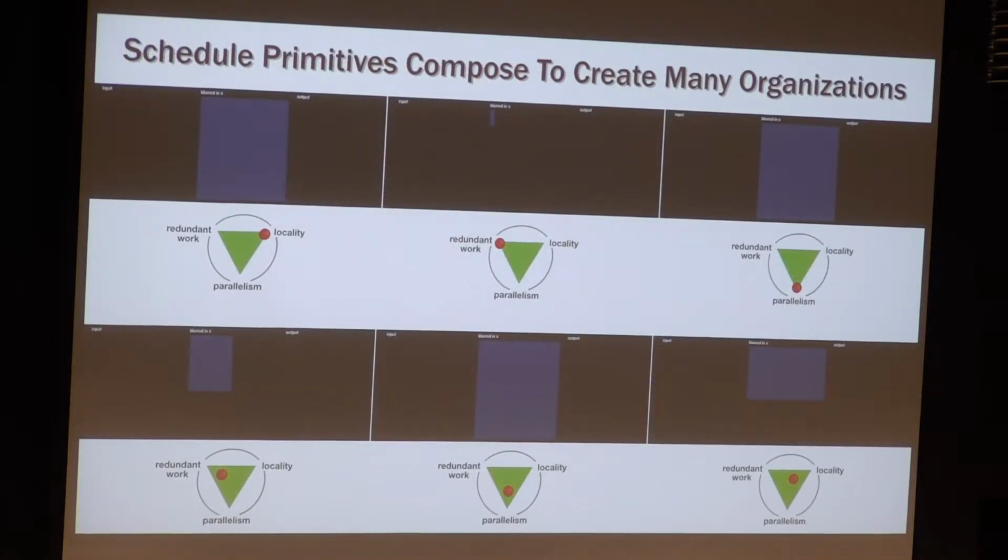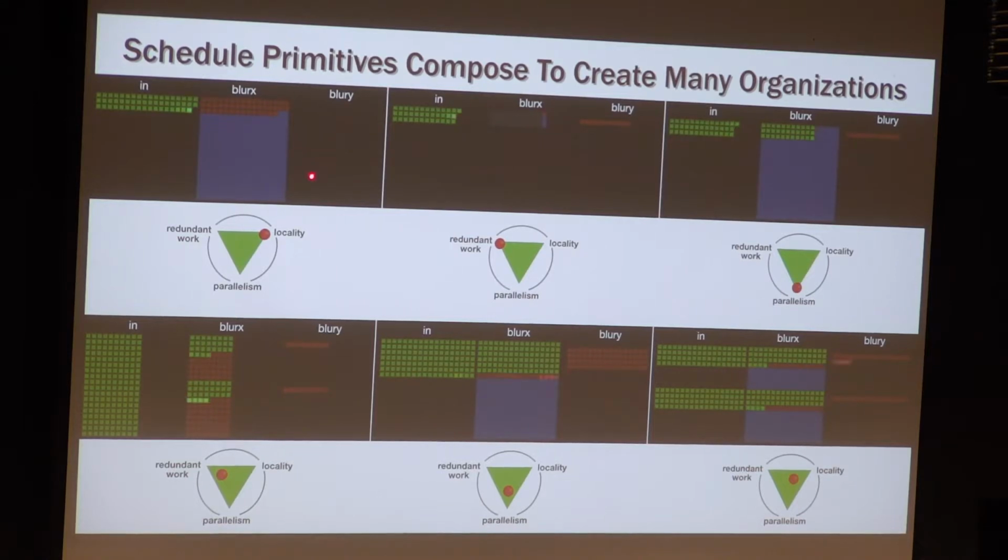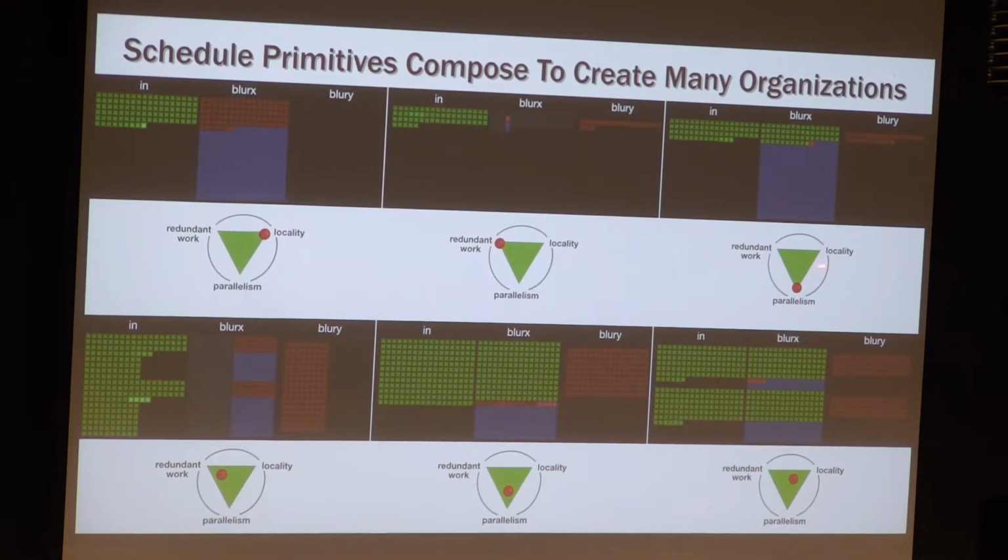So here's the interesting thing. I'm showing you different schedules at different points in here. This is on time. What it says is this is the first input, and the middle one came the output in here. So this is all locality, a lot of redundant work, good parallelism but not good locality.